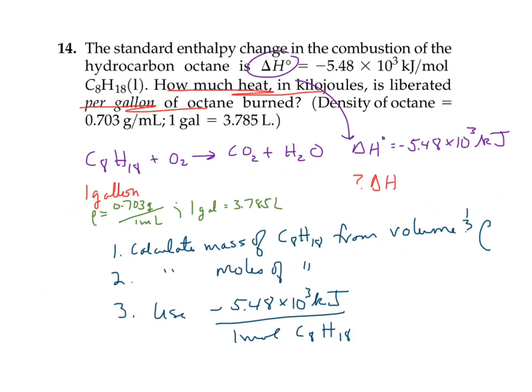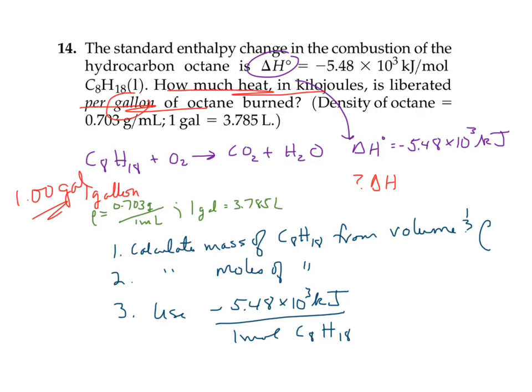So 14 looks like this. Notice that if you read 14 a few times, with regard to the reactant, the octane, the C8H18, you are given the volume. And let me go ahead and, I say 1 gallon, but it says just generally per gallon, so let's go with 1.00 gallon.